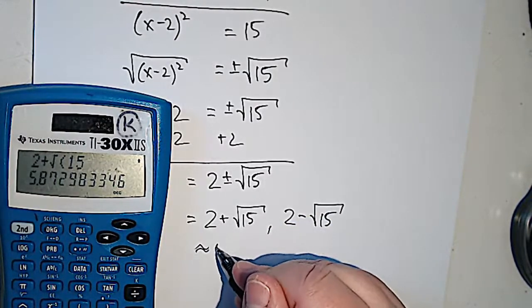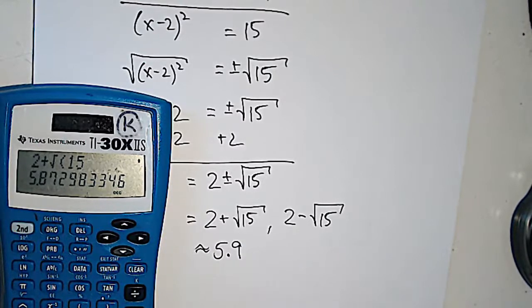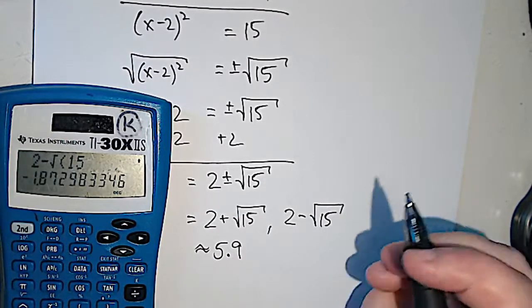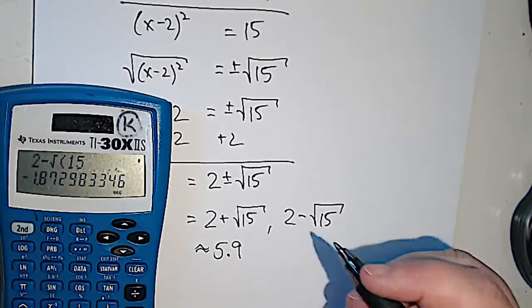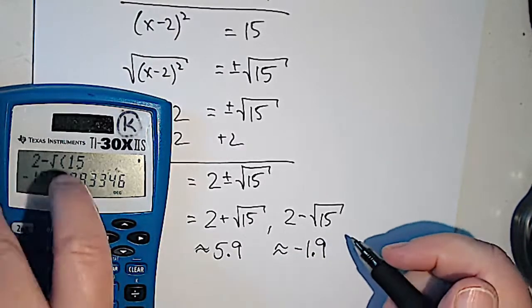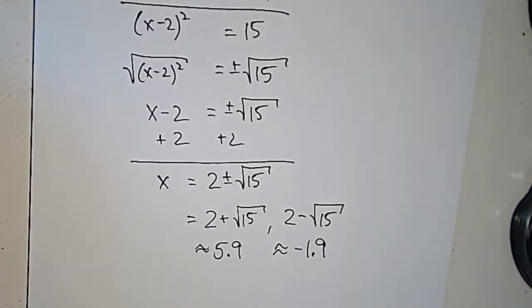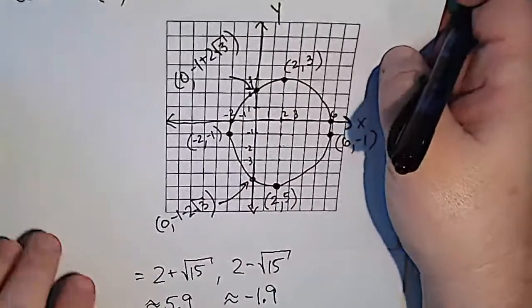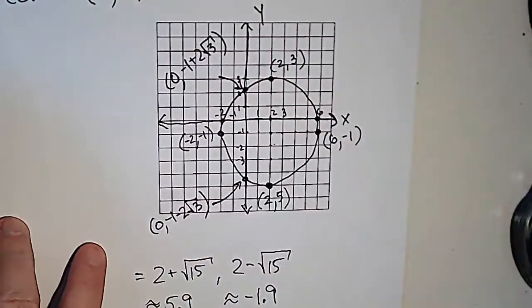So this is about 5.9, and 2 - √15 is about -1.9.